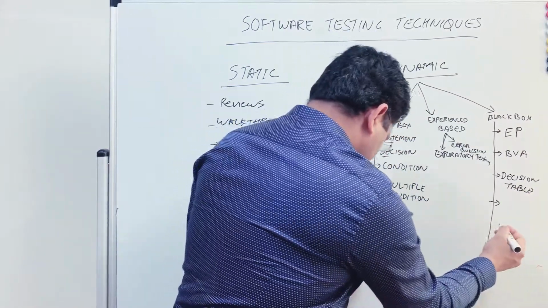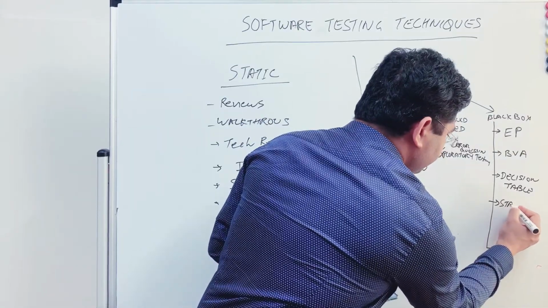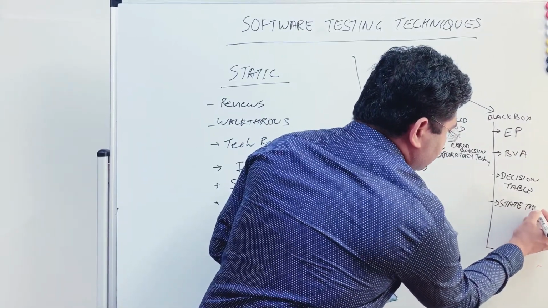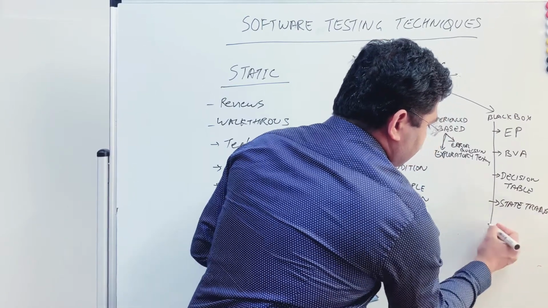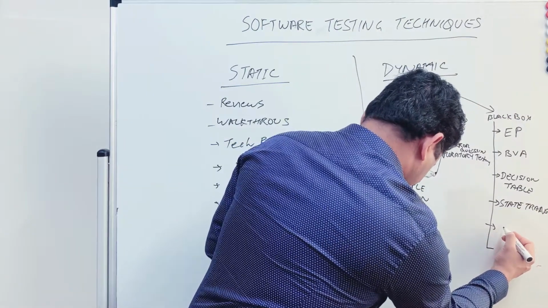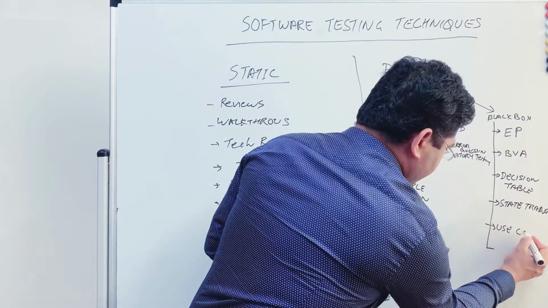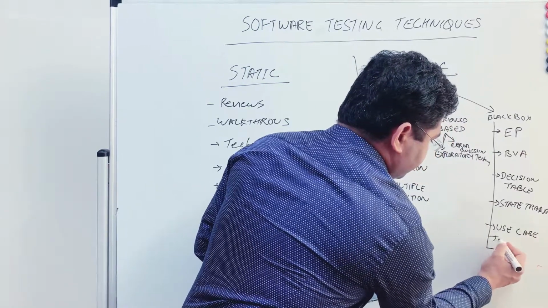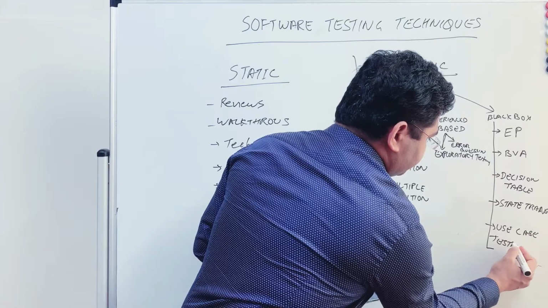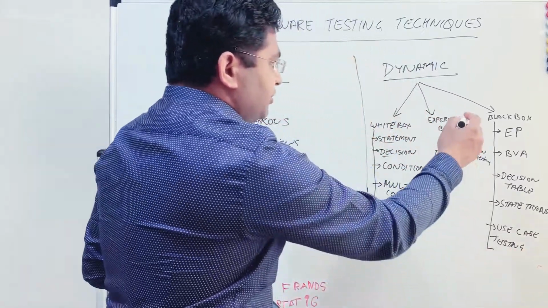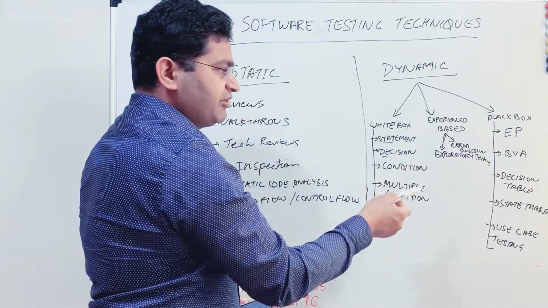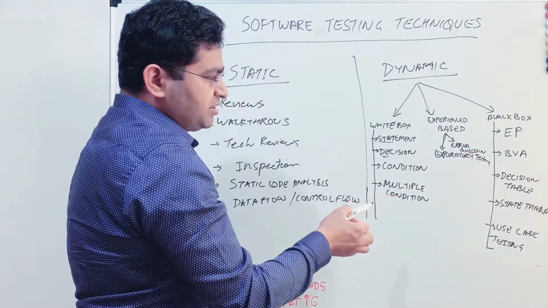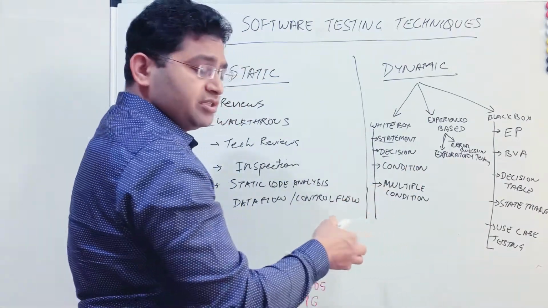Then we have decision table, state transition, and use case testing. So these are some of the black box testing techniques: equivalence partitioning, boundary value analysis, decision table testing, state transition, use case testing.